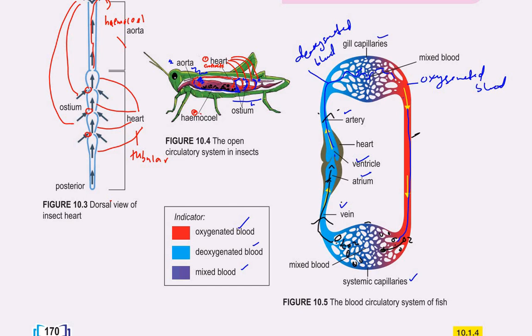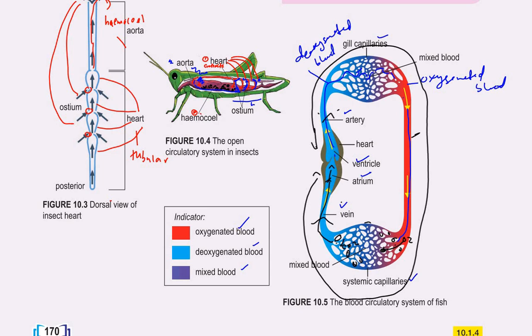The blood flows in only one direction: from here it flows to these capillaries, goes to the systemic capillaries, and goes back to the heart. So this is known as single circulatory system or single closed circulatory system, because the blood flows inside the blood vessel. So this is for fish.